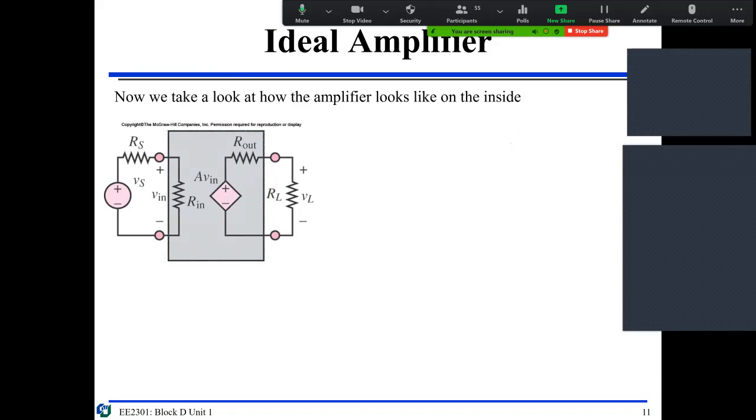So let's see how these amplifiers work. This is the most important part, so listen carefully.